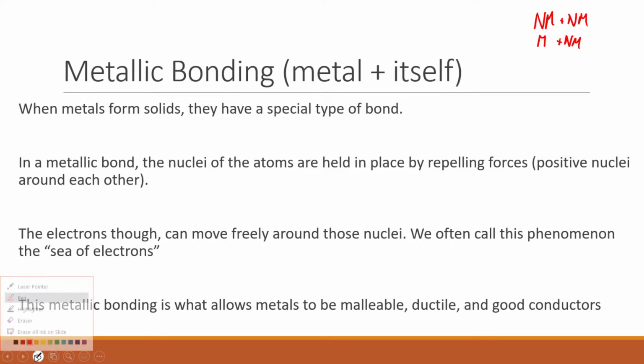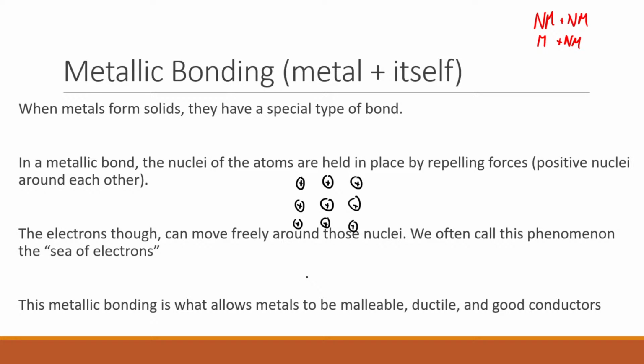If we want to draw a metallic bond, first we start by looking at the nuclei of the metal atoms. And in this case, I'm just going to draw these 9. We'll use these as our starting point. Now imagine this comes out of the page towards you and deeper into the screen away from you, in a 3-dimensional shape where we have atoms stacked on top of each other.